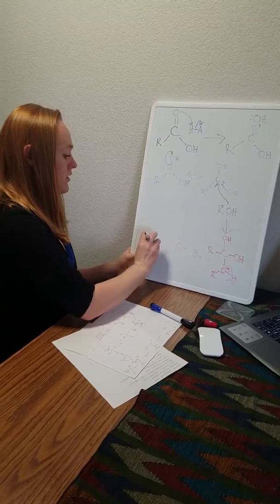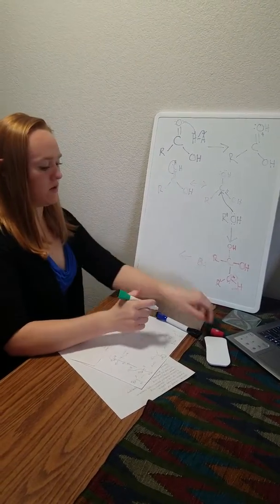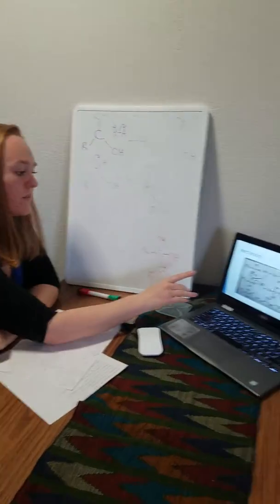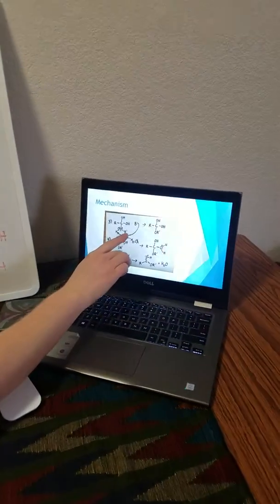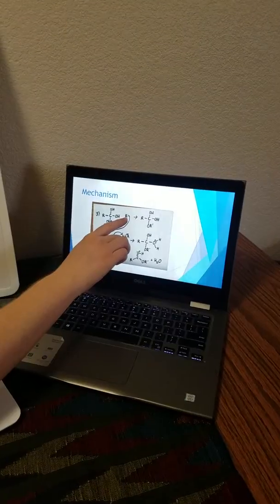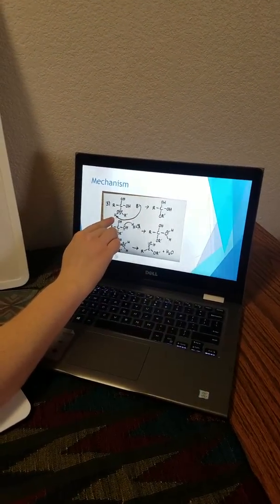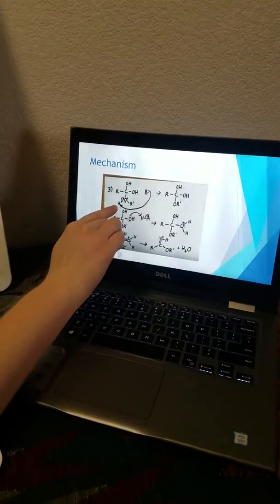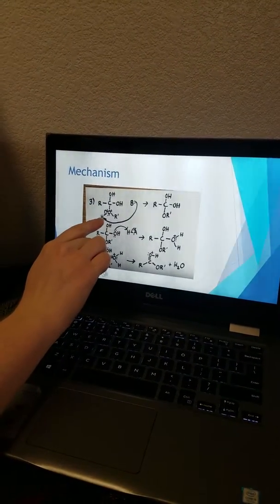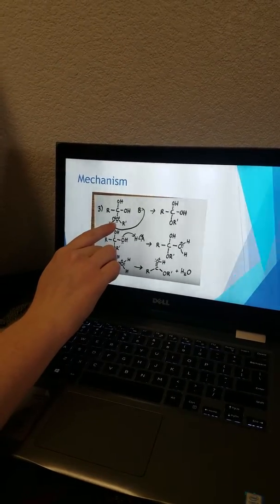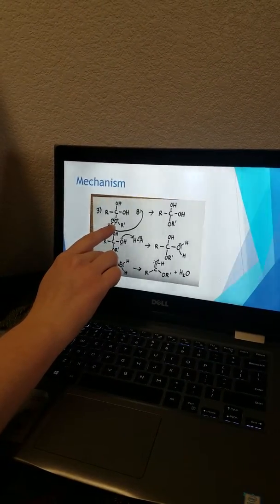This is going to be too hard to see with these markers, so we're going to change things up, and I'm just going to show you on here. So that was the lone pair on this base attaching to this hydrogen from the alcohol, and then that bond is breaking, and those electrons are going to the oxygen, which stabilizes it.